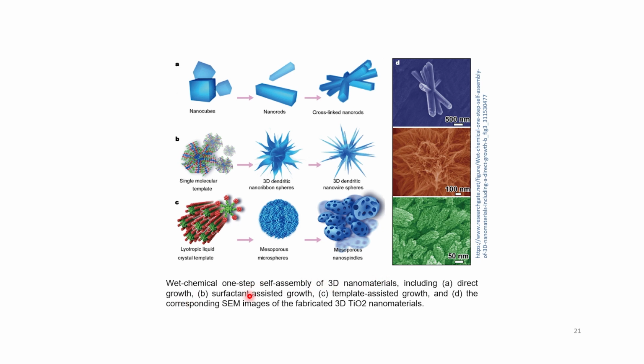So that's a wet chemical one-step self-assembly of 3D nanomaterials. These include direct growth, surfactant assisted growth or template assisted growth. So you are making 3D nanomaterial from a nanostructure. How do you proceed? It can be a direct growth, surfactant assisted growth or template assisted growth, and the corresponding SEM images of the fabricated 3D tellurium dioxide nanomaterials. This is obtained from a research paper: the corresponding scanning electron microscopy images of this 3D nanomaterial.